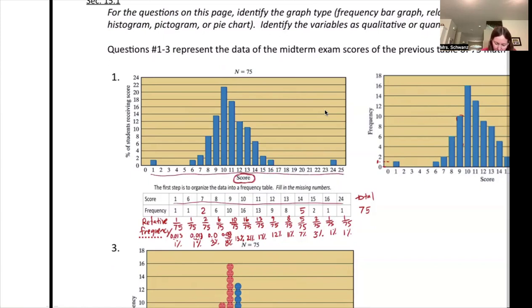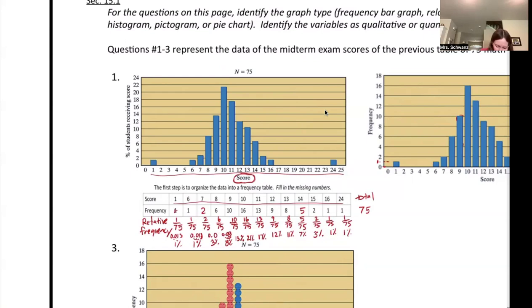And then instead of being the frequency, the heights of the rectangles are now going to be the relative frequency. Strangely enough, it's still the same number, like if you have a frequency of 1, it's also a percentage of 1. So that's why that happened to work.